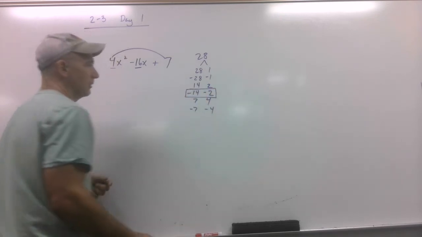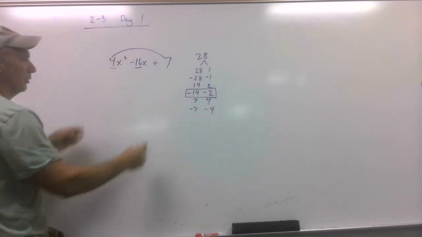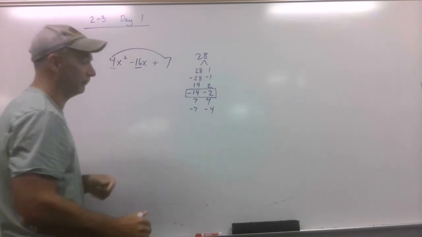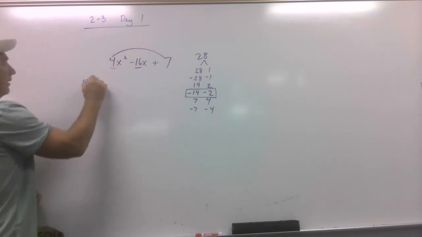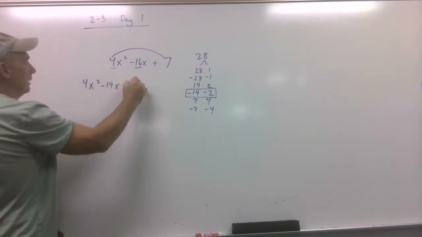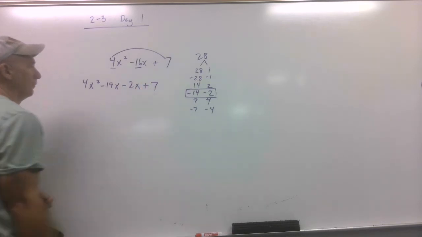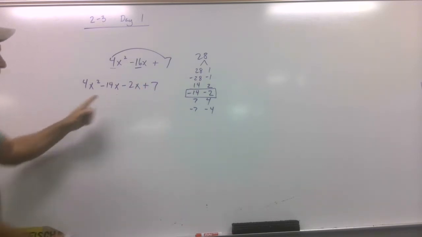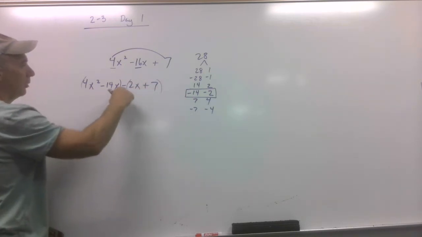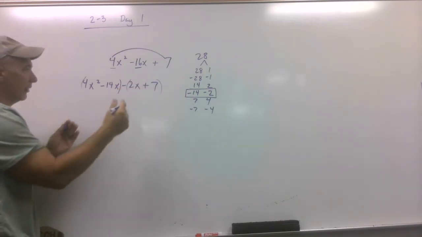-14, -2. Now remember, I've been emphasizing that when you put parentheses in, you want a plus in between there. Now watch, it's going to challenge you a little bit. If I rewrite this, I get 4x squared minus 14x minus 2x plus 7. If I put parentheses in right now, I'm going to go like this and like this. I'm like, uh-oh, I got a minus there. That's confusing.